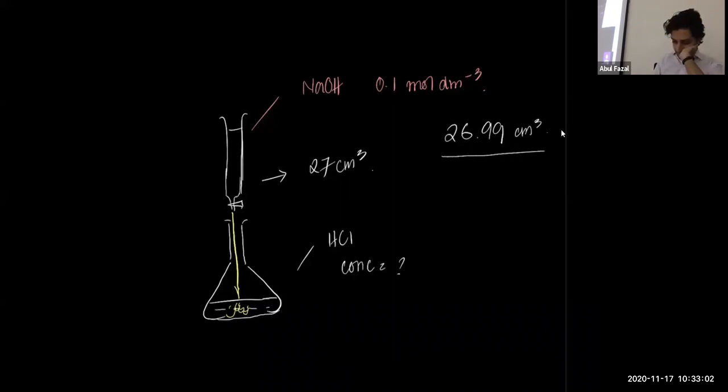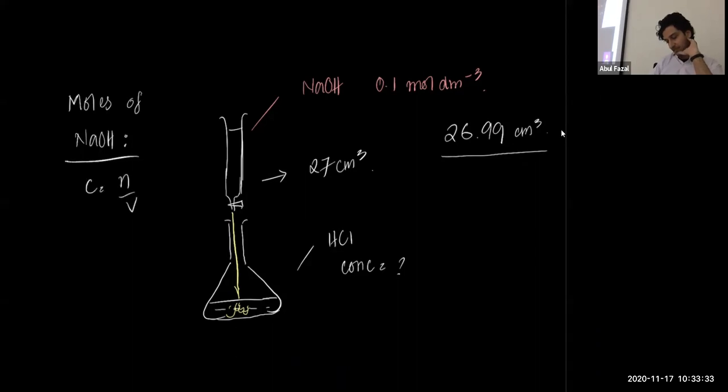Okay. If I want to know how many moles of NaOH went into the conical flask, can I figure that out? How? I know its concentration. I know its volume. So the moles of NaOH used was: C equals n over V. C was my 0.1. n is my unknown.